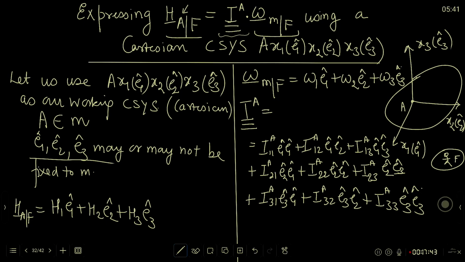Now let's take this full expression of I from here and the expression of omega MF from here and do the dot product, because my claim is that HAF is a dot product between a second order tensor and a vector.